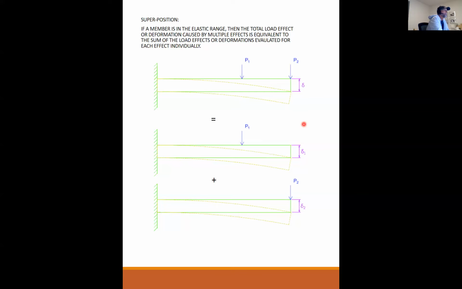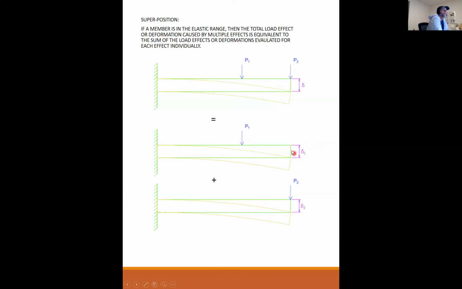Why does this matter? Why do we care? Well, you'll see how it plays into what we're going to do next, but in the most simplistic way, perhaps you have a table that tells you the deflection on a cantilever due to a point load, but you don't have a table for 2 point loads.